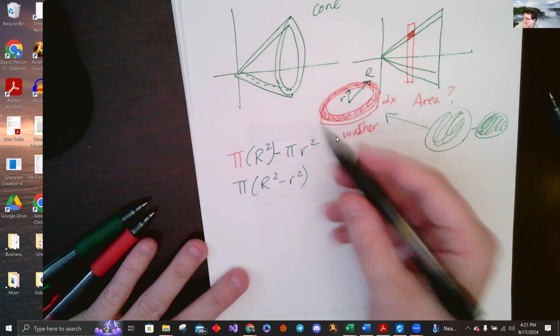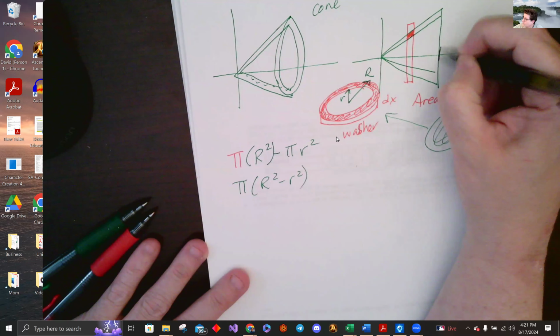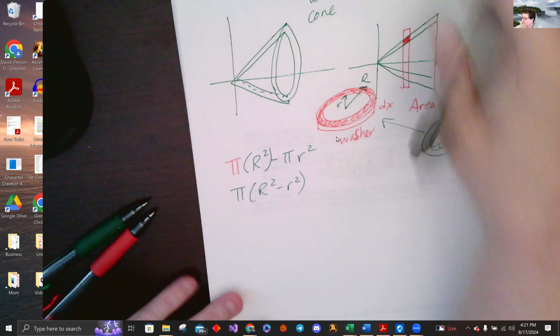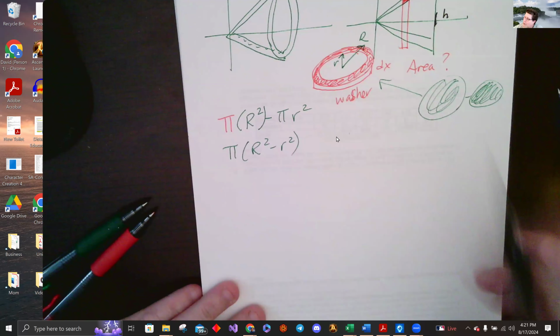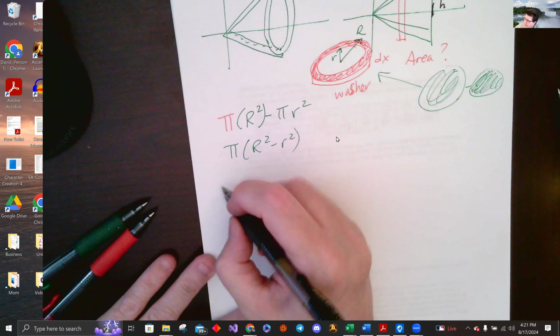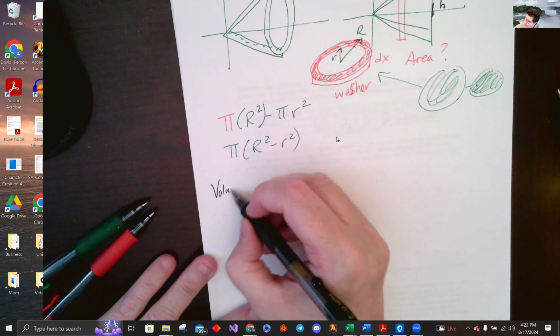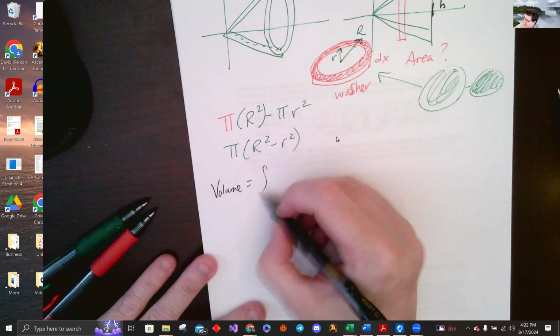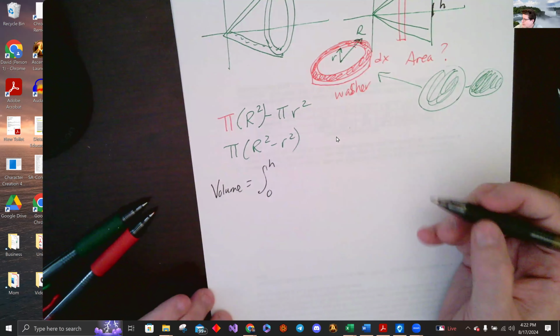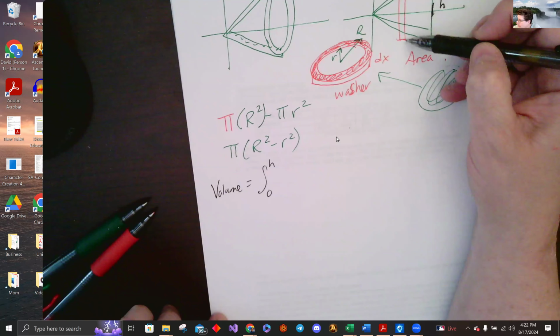So in this case, if we were again doing the cone, remember this was H. We called them R. We're doing volume, going from 0 to H. We want the area of that washer.